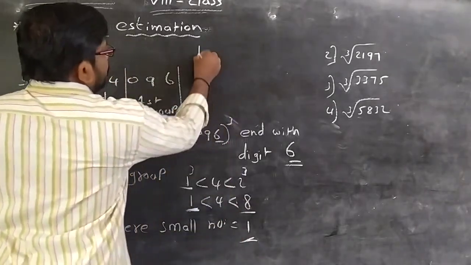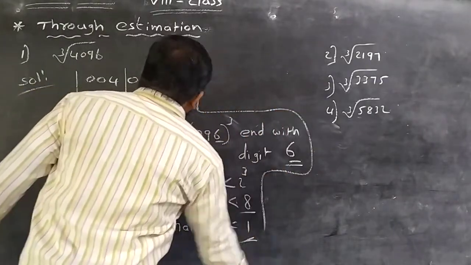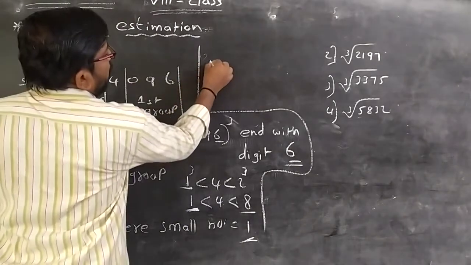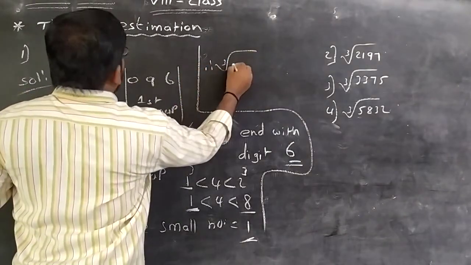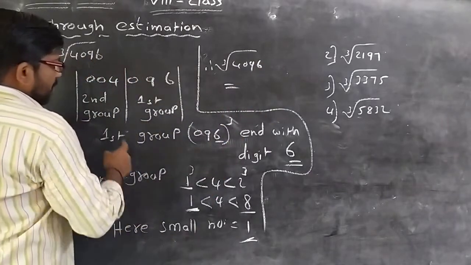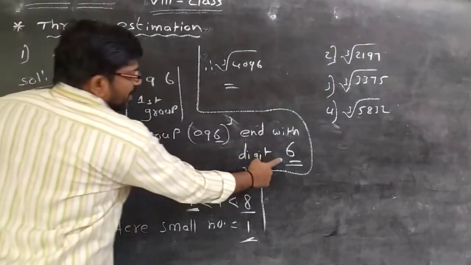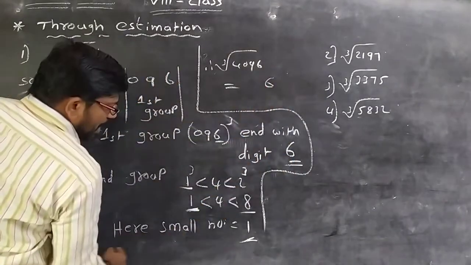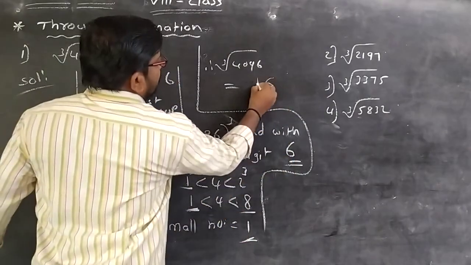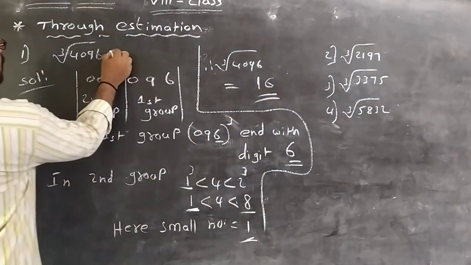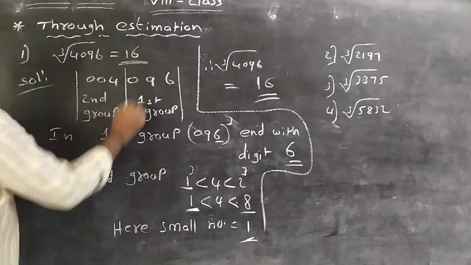Now we estimate the result. Therefore, the cube root of 4096 is equal to 16: 6 comes in the units place and the small number comes in the tens place.